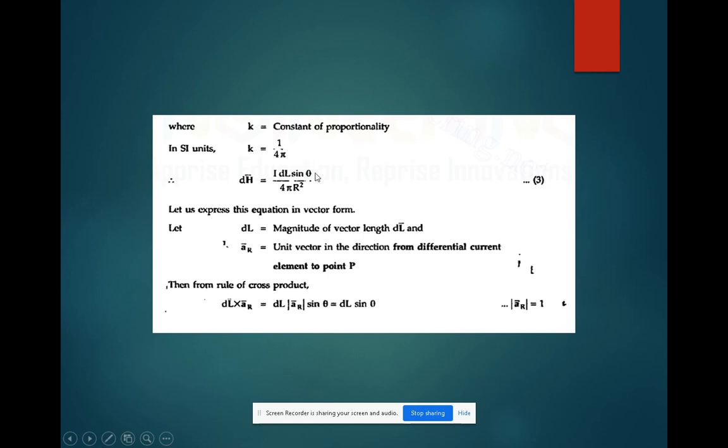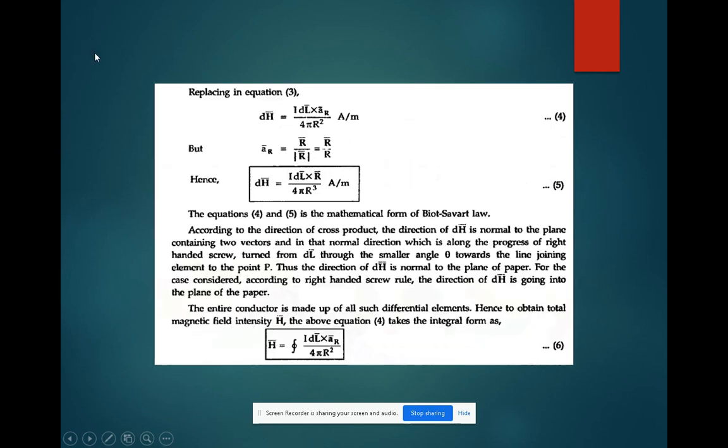So this dl sine theta in the third equation can be replaced by the dl vector cross aR vector. Replacing this value in equation 3, you get the next form. The unit vector aR is nothing but the vector divided by the modulus of the vector, and the modulus of the vector is simply R. So R vector by R gives the unit vector.